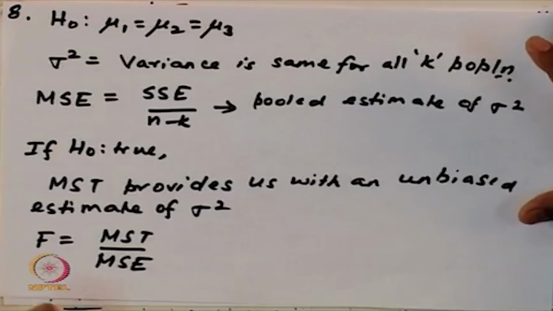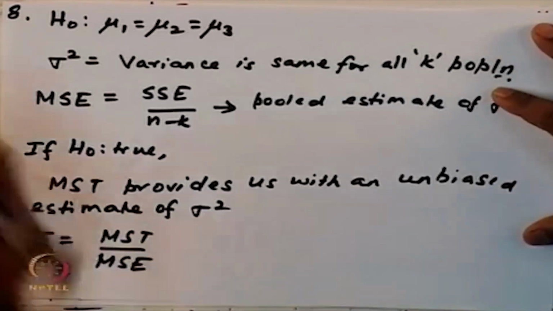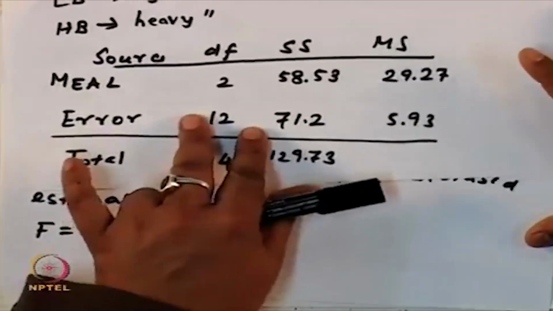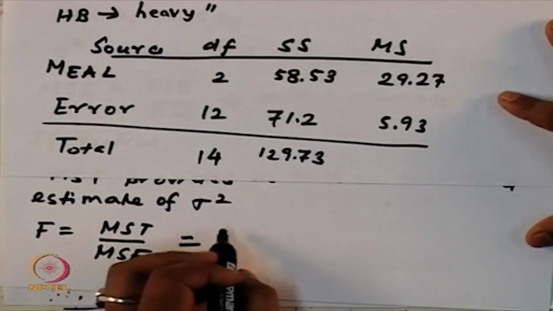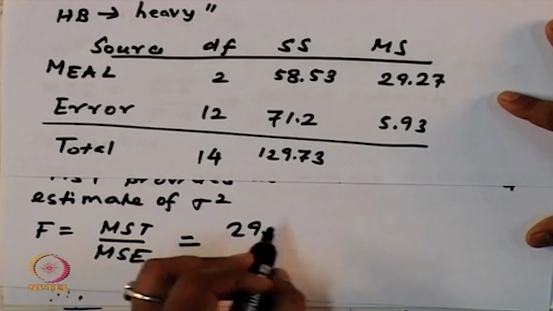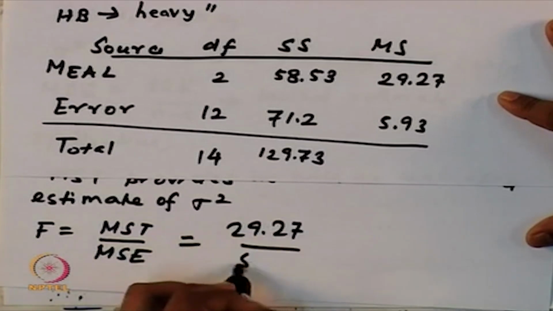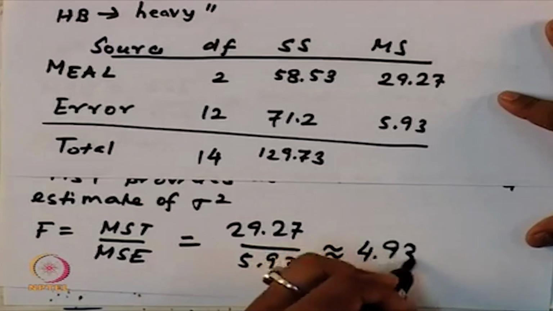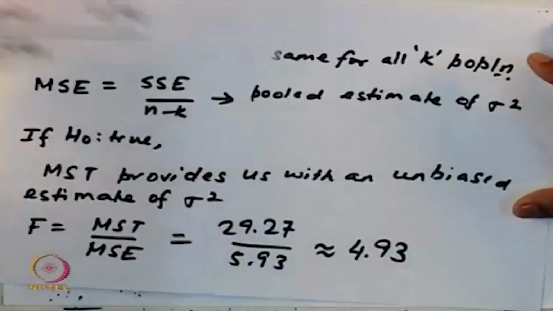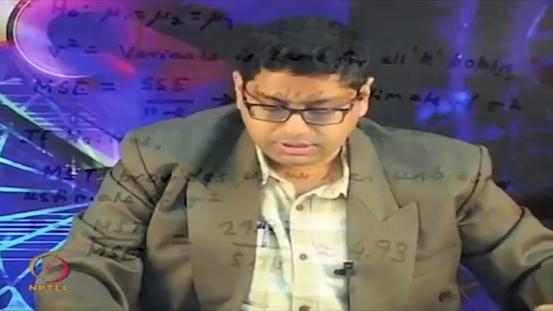Okay. So, in our case, for this example that we did, we can calculate the F value, which is 29.27 by 5.93, and it comes out to be 4.93. Okay. So, for this case F turns out to be 4.93. Okay.